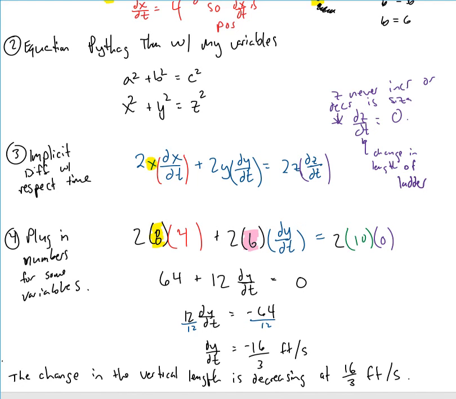So it's sliding down, so that means the vertical length from the top of the ladder to the bottom is decreasing. Again, the negative, and notice in my word statement I don't have the negative anymore. The decreasing is taking care of that. So the change in the vertical length is decreasing at 16 thirds feet per second.